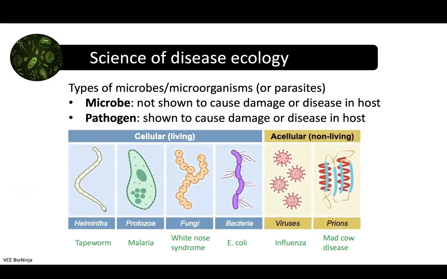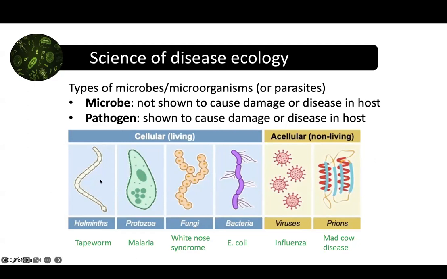in disease ecology. So I'm going to first describe the organisms that we study. Here are the common types of microbes, which are defined as not shown to cause damage or disease to the host, which could become pathogens, which are shown to cause damage or disease to the host. So these are the common types of microbes.